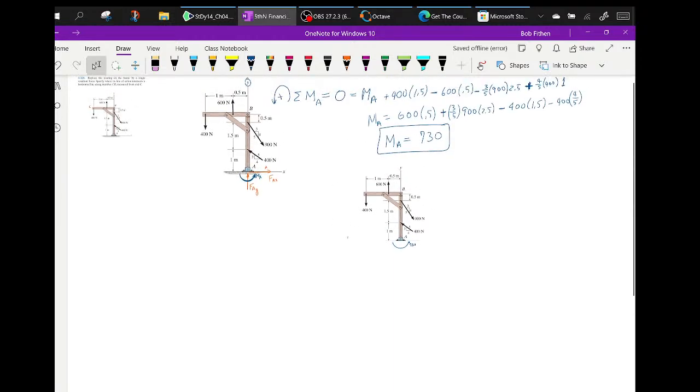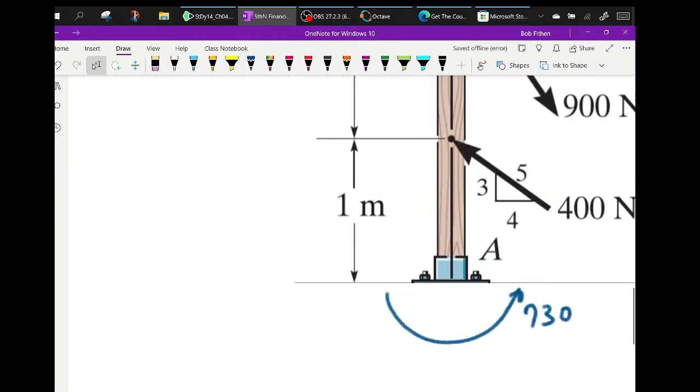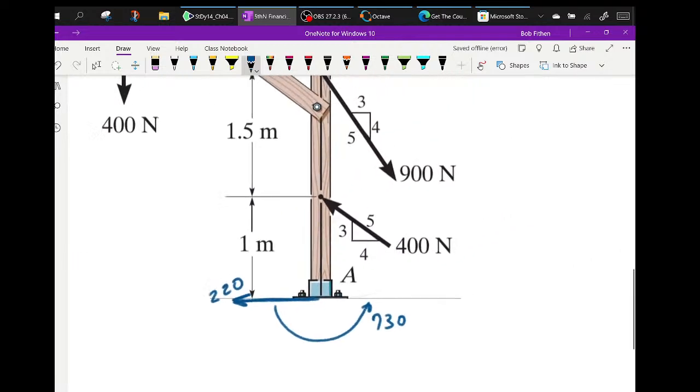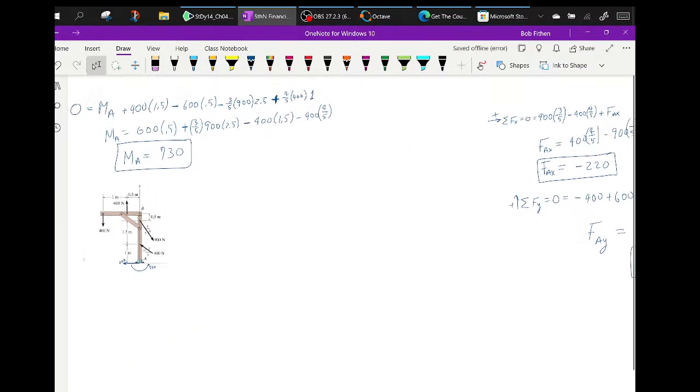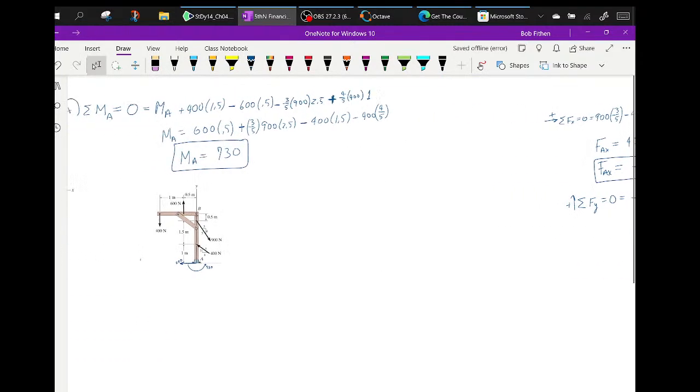Okay, hang on. Minus meaning it's going in this direction. 220, and then a y force becomes 280.